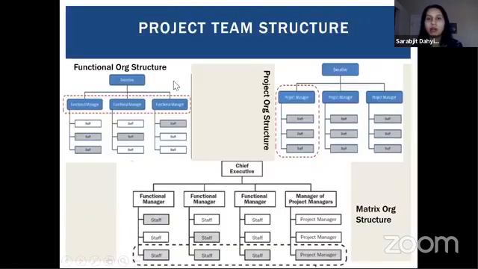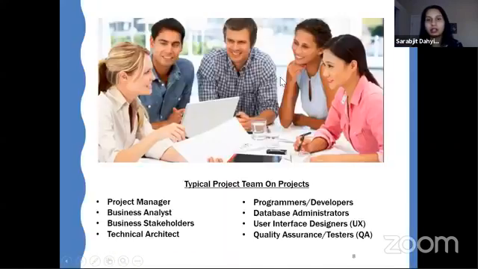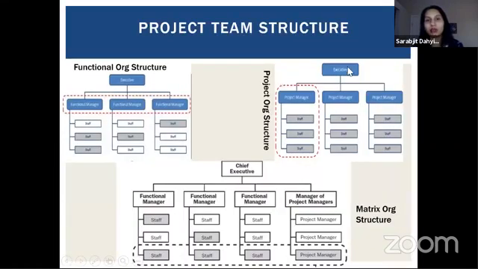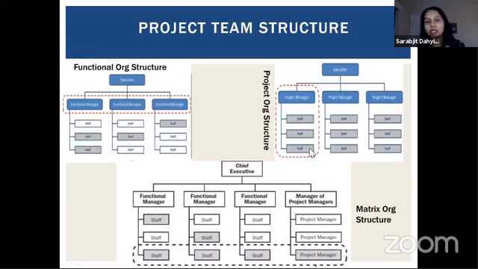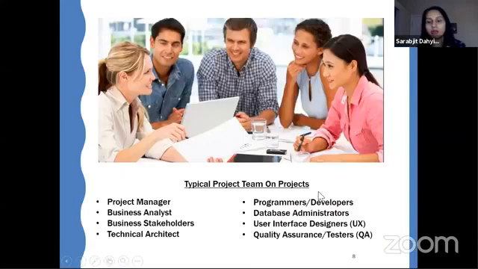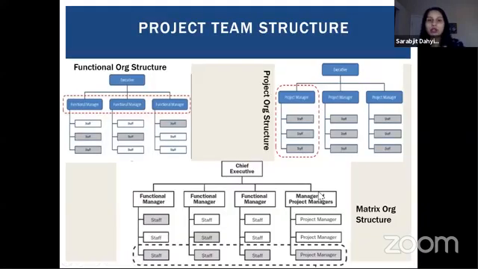And when you're looking at the project org structure here, the project managers typically have the power in the organization. But typically as business analysts, you will see that you work the majority of the time in a matrix organization, which means that you have functional managers and project managers working with staff.